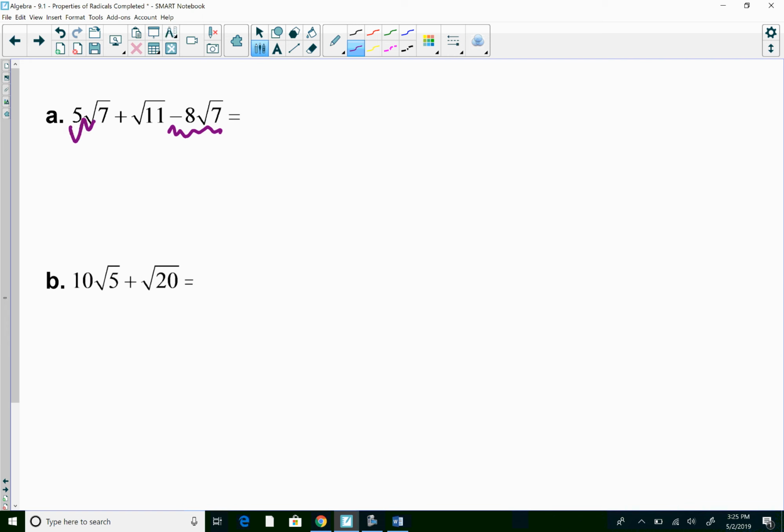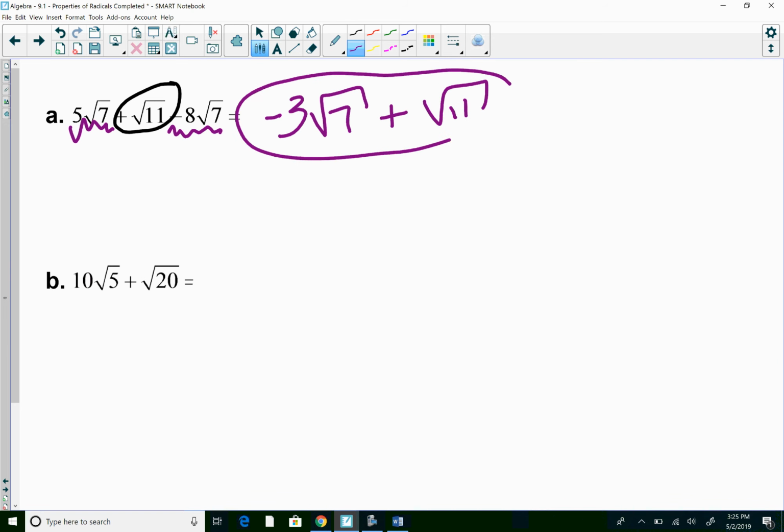This is the same, this is the same. There is no other root 11. So I've got negative 8 root 7 and positive 5 root 7. That's going to give me negative 3 root 7. And that root of 11 is just going to stay the same. That's honestly all there is to it.